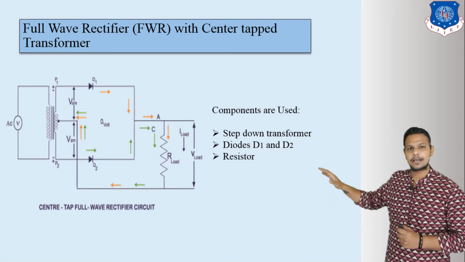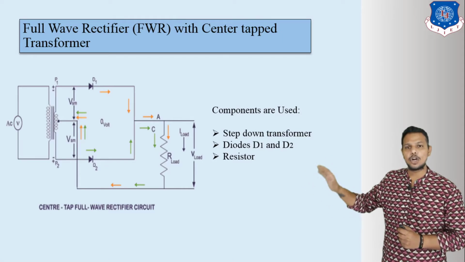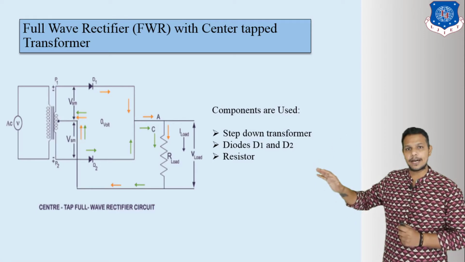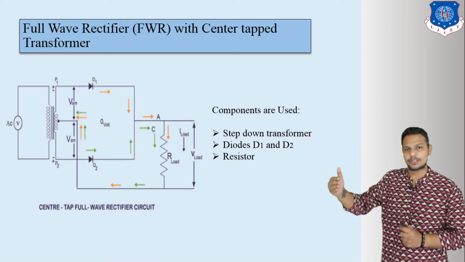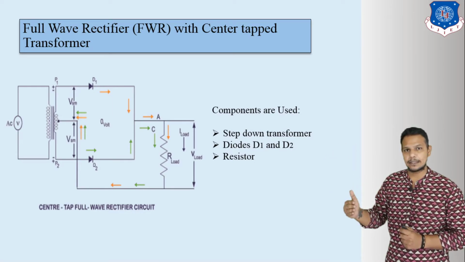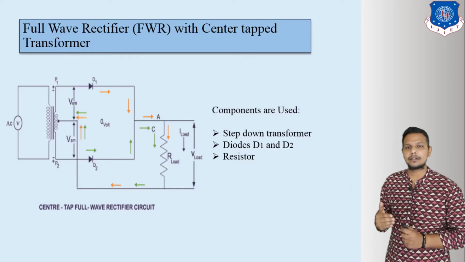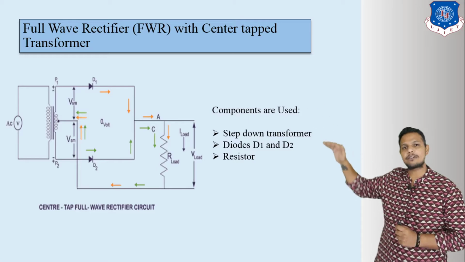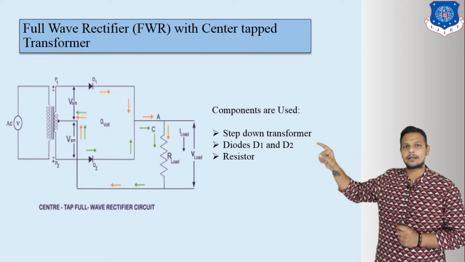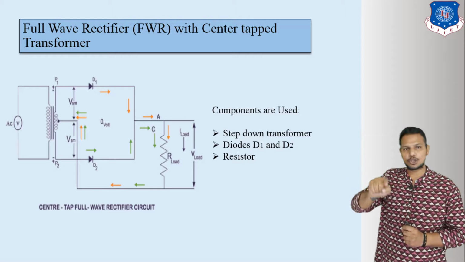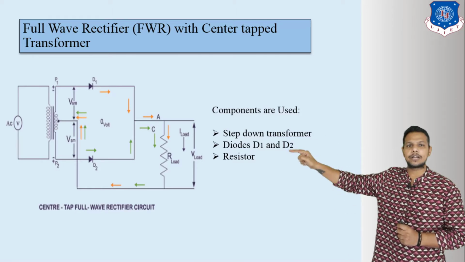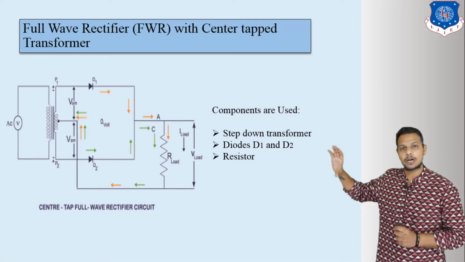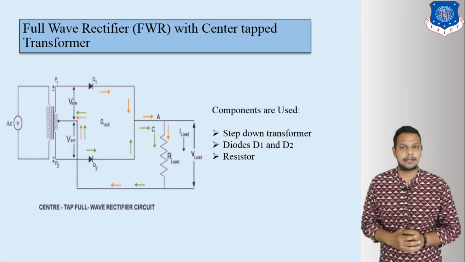RL is the load resistor. In this circuit, we apply positive and negative half cycles accordingly and get the output. Current flows from D1 to the O terminal, the common terminal, and we get the output across the load resistance RL.